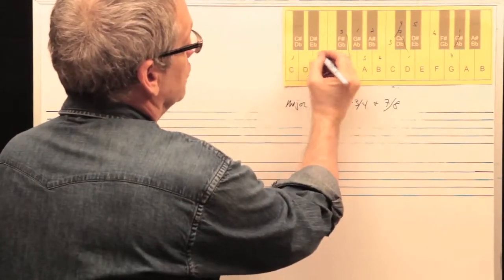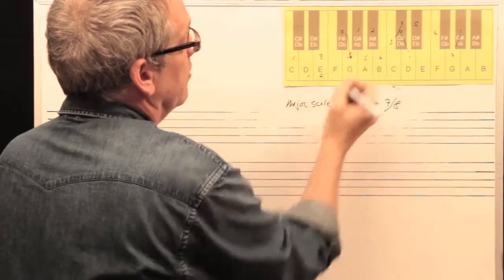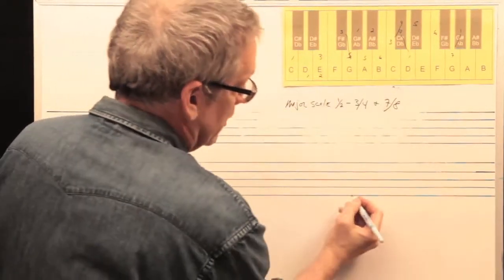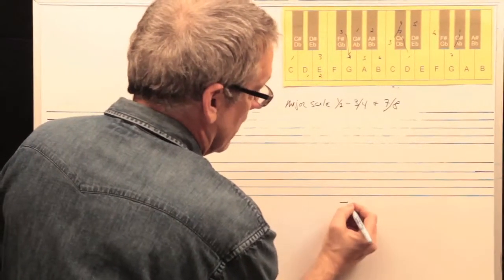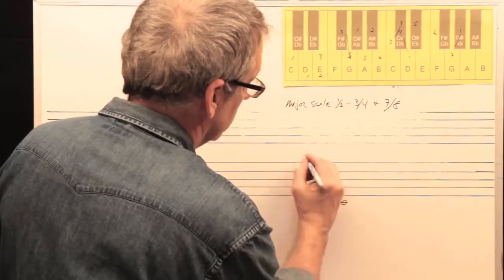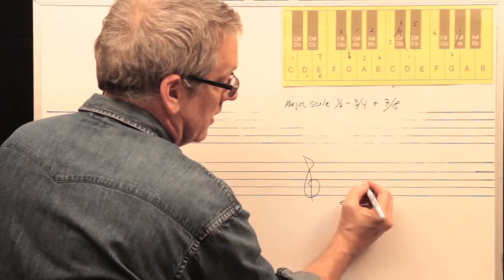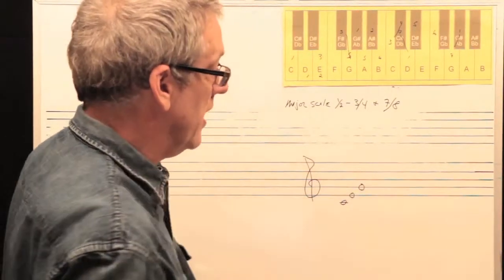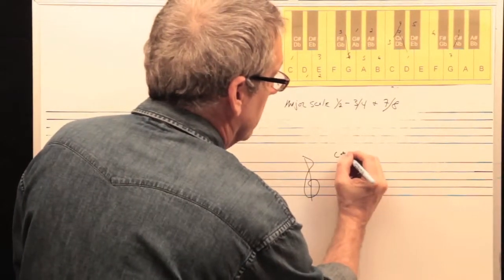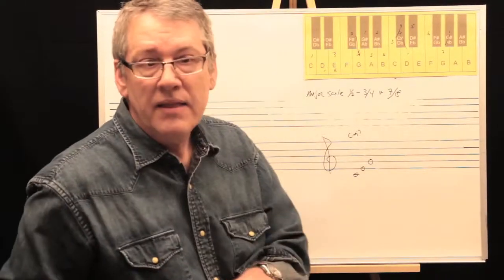It's the 1, 3, and the 5. Here's C right here, this is a treble clef. C, E, G. That's C major.